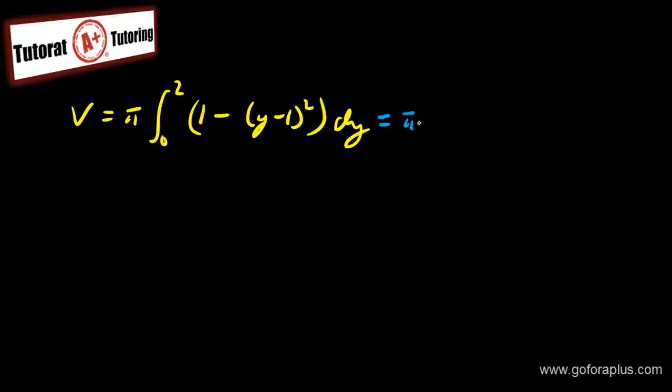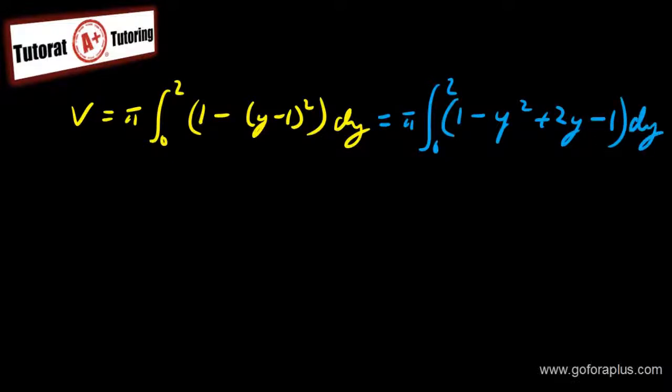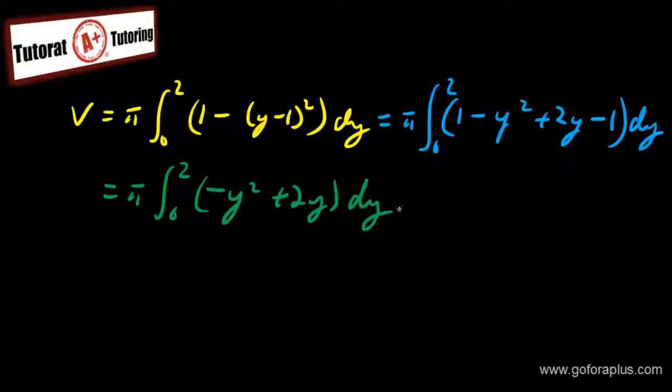This equals pi integral from 0 to 2, 1 minus y squared, and then I have minus 2y, so it becomes plus 2y, and then minus 1, then dy. Now 1 minus 1 cancels out. All I have left is minus y squared plus 2y. So I have pi integral 0 to 2 of minus y squared plus 2y dy.